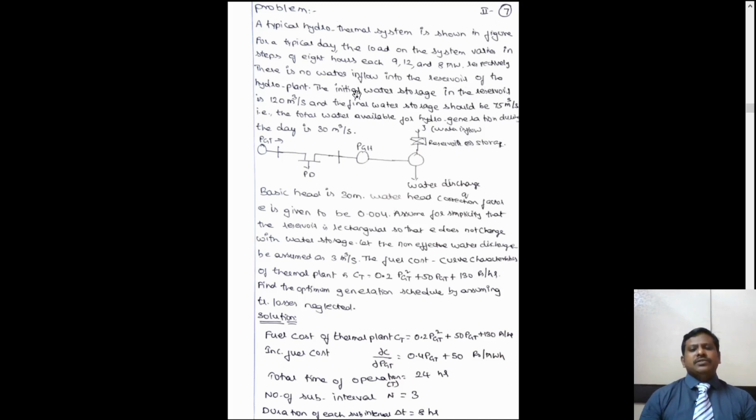So the initial water storage in the reservoir is 120 meter cube per second, and the final water storage should be 75 meter cube per second. The total water availability for the hydro generation scheduling for the day is 30 meter cube per second. So J is given as water inflow, reservoir or storage. Q is the water discharge here.